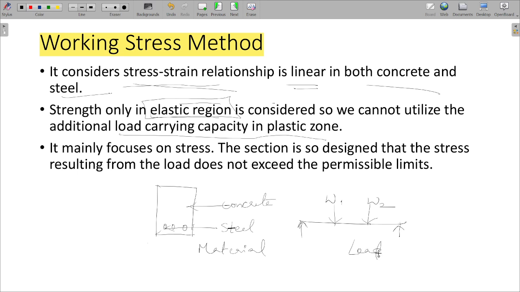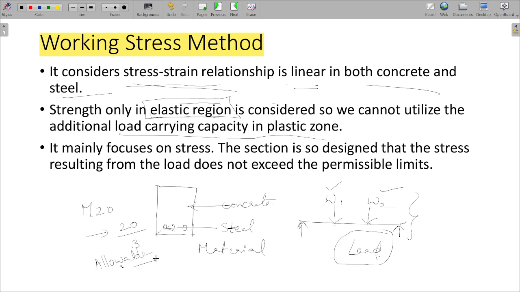In working stress method, the load which we take into consideration is the actual working load or service load which is acting on the beam. We are not applying any partial factors of safety here. But in case of materials, for example, if M20 grade concrete is given, we apply a certain factor of safety and we calculate the allowable stress.